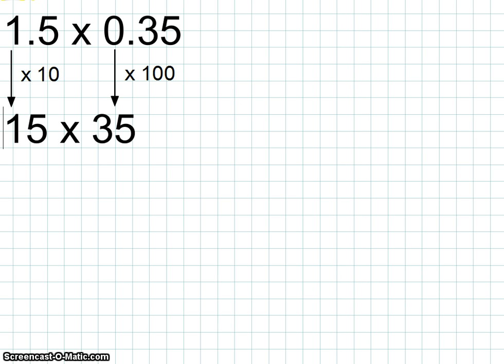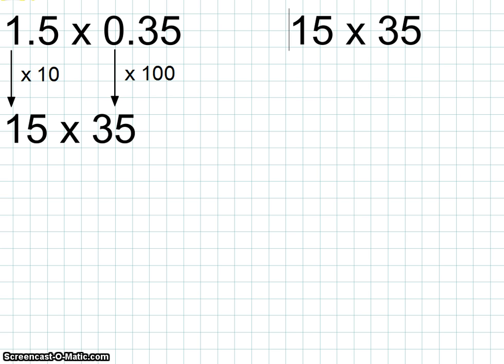I'm going to put the same question up here, 15 times 35, so we can use this space over here to solve for the product of this number sentence. Like I said at the start of this video, I'm not going to be using the vertical form to find the product.